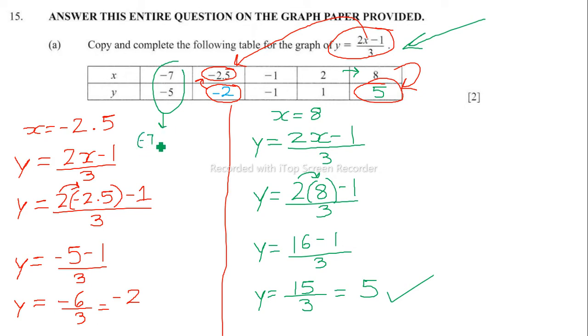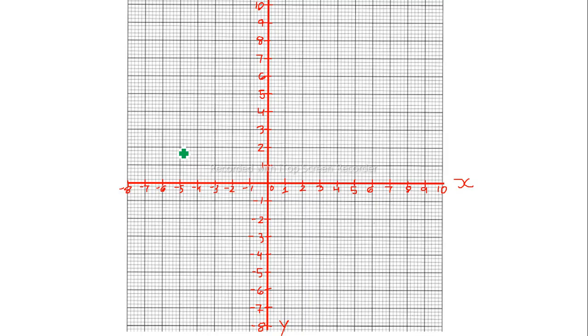So -7 is for the x, -5 is for the y. So let's plot this. -7 for the x and -5 for the y. So -7, go all the way down to -5. So this is our first point.